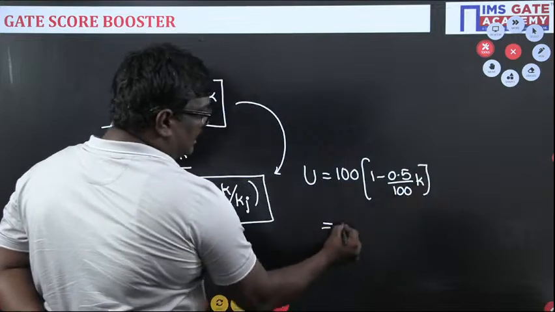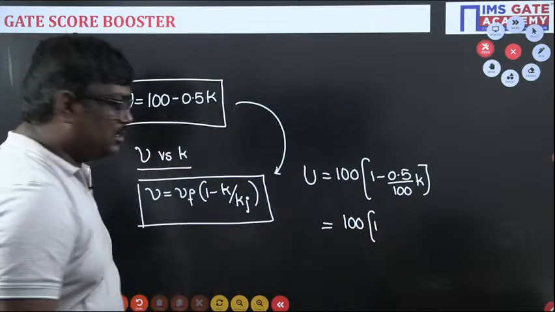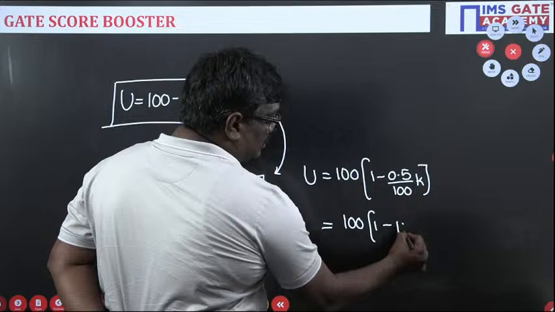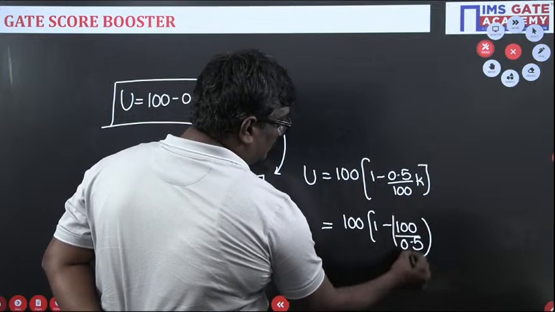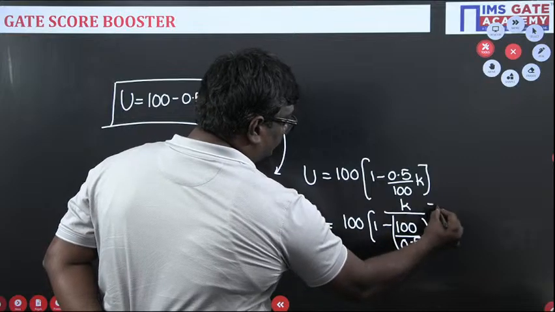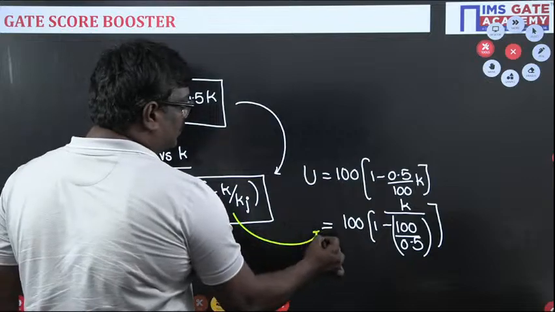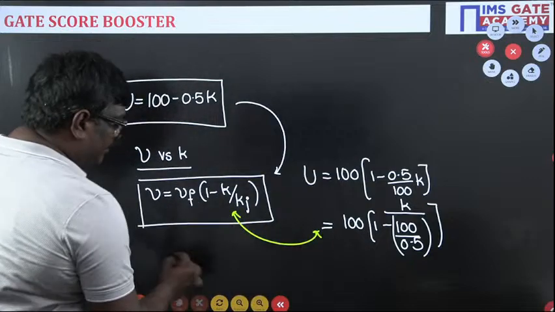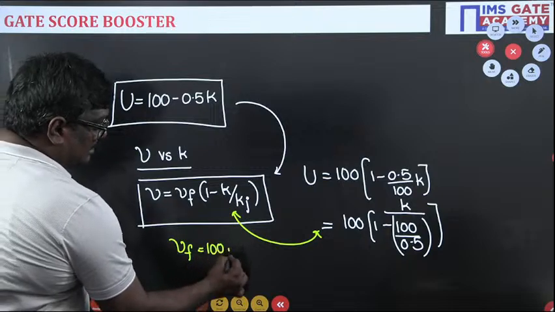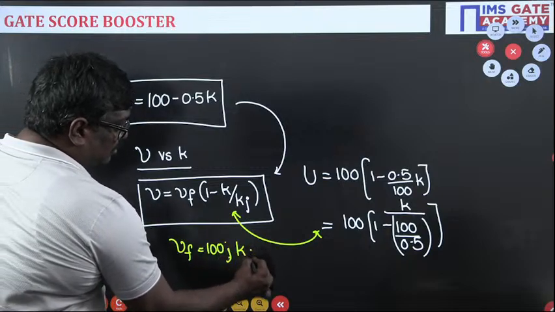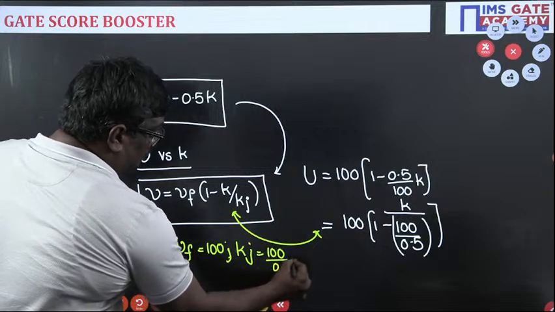Still, we can write it as 100 into 1 minus k upon 100 divided by 0.5. From this, if you compare these two equations, here you can write Vf is equal to 100, kj is equal to 100 upon 0.5, which is equal to 200.